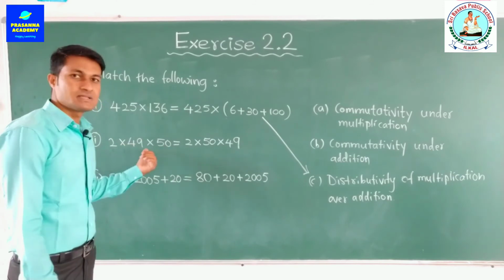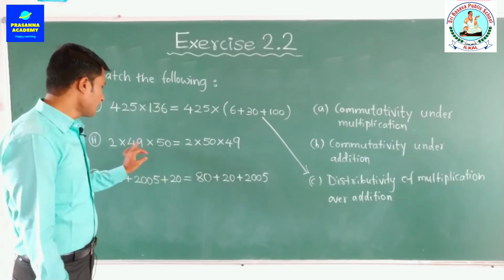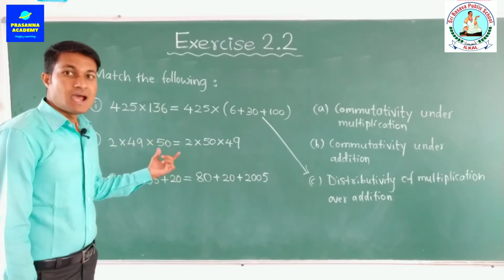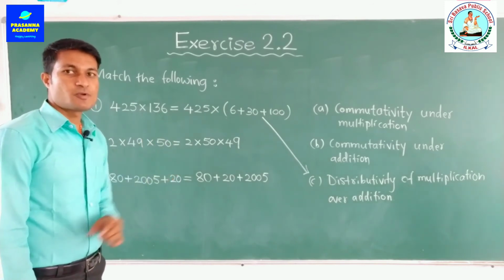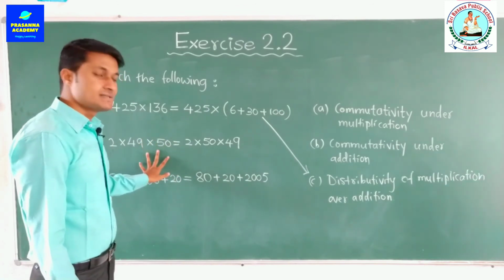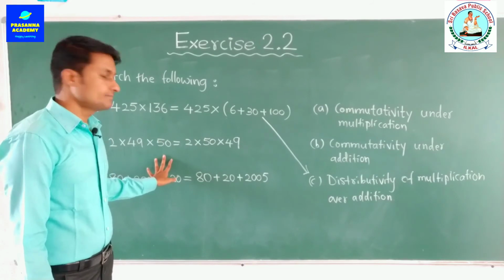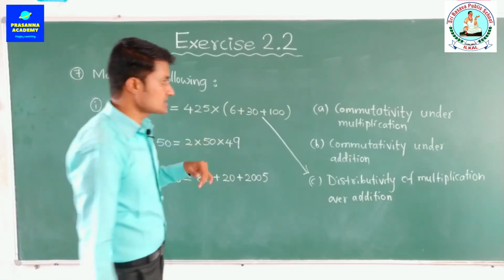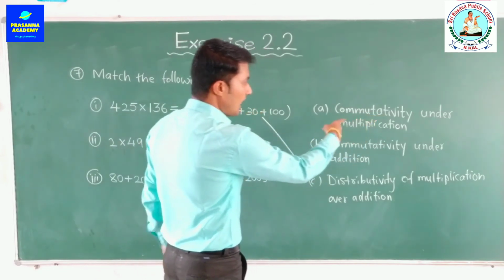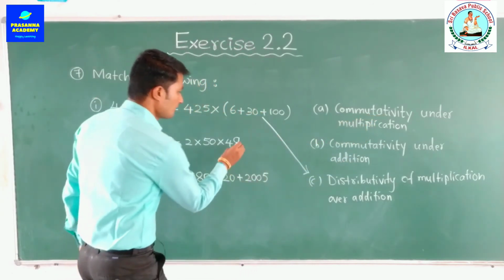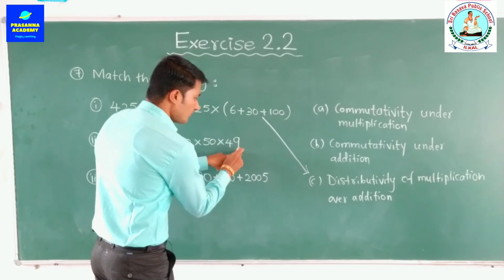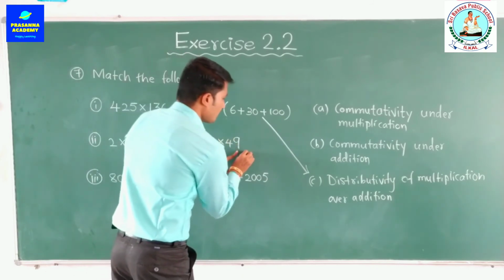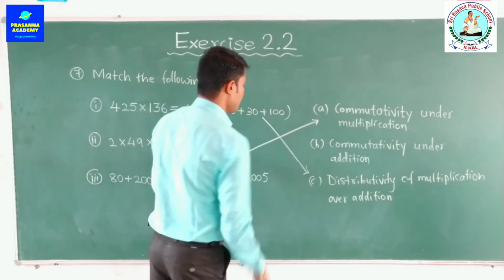And which operation they have performed here? They have performed multiplication and they have used commutative property here. So it is commutative property under which operation? Multiplication. So where is the correct match for this? Commutativity under multiplication. So for the second problem, the correct match is this one.